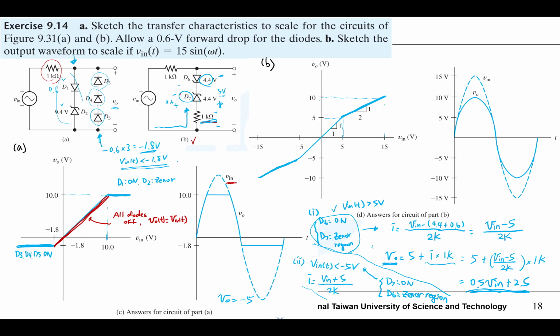Minus 5. And the polarity here should be positive, negative. So it's also in the opposite direction of VO. So it should be minus 5 and minus.